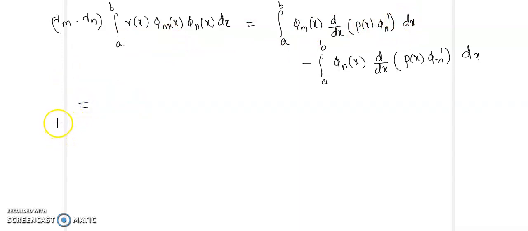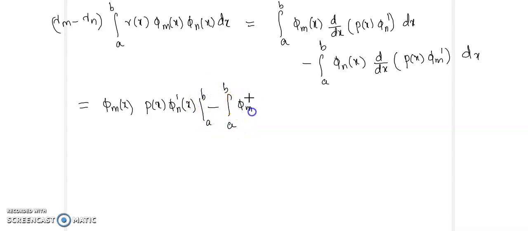Use integration by parts. So first function into integral of the second: that will be p of x phi n dash of x, minus, from a to b, integral of derivative of the first, that will be phi m dash of x into integral of the second, that is p of x phi n dash of x dx.